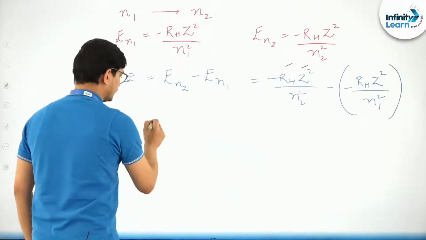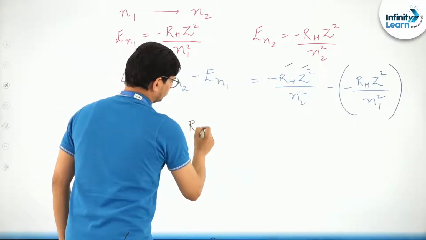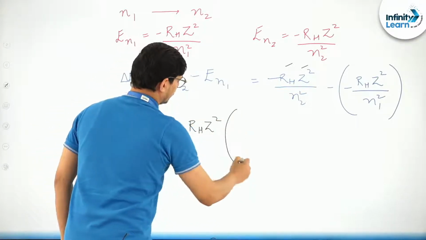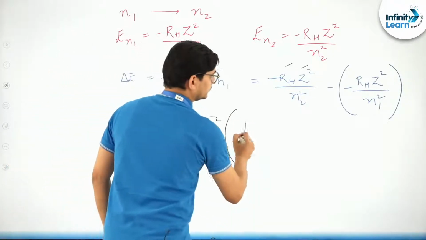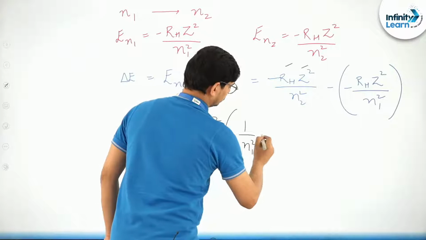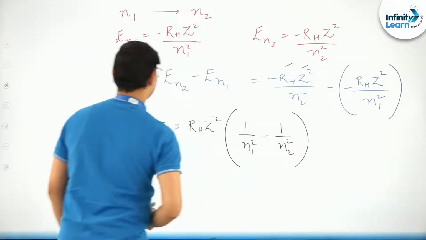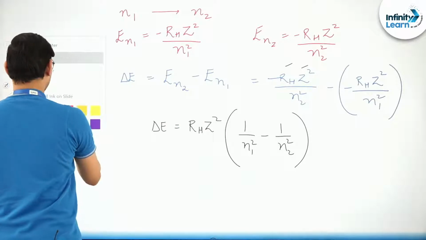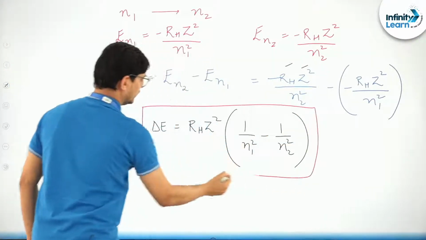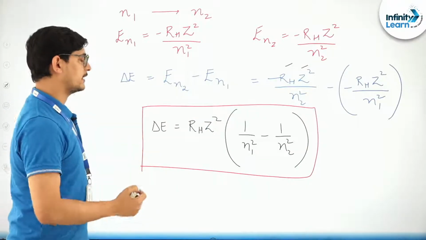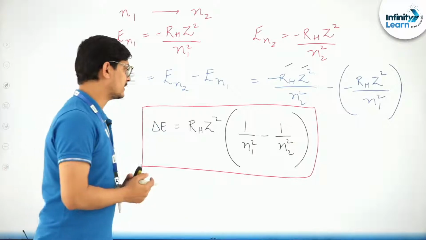So you can rearrange it, you will get this formula: RH z square, where z is the atomic number of the species. This is a very important formula guys. This formula you will use to calculate the energy absorbed or released when an electron jumps from n1 to n2 or back from n2 to n1, whichever the transition is.